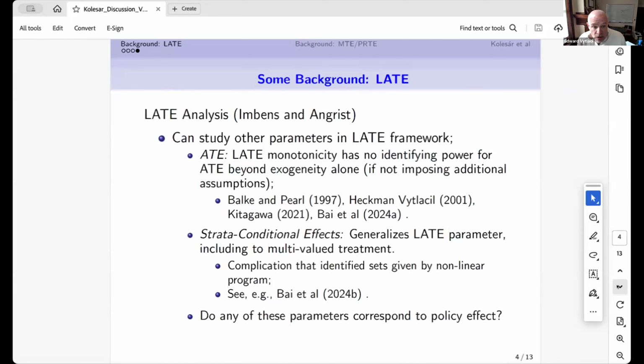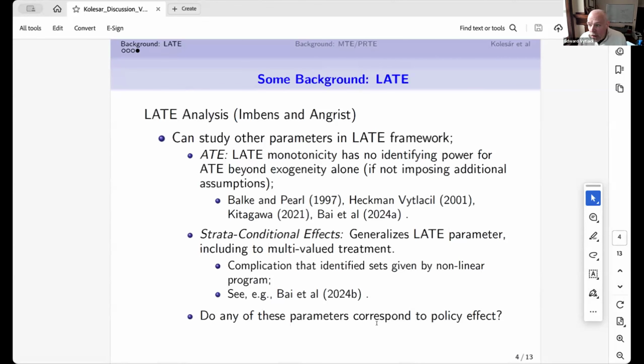And as was discussed, one obvious parameter to look at is the average treatment effect. And a classic result, originally in Balke and Pearl, is that for that parameter, imposing the LATE monotonicity assumption does not help reduce the width of the bounds compared to exogeneity alone, provided that the data is consistent with the assumptions.